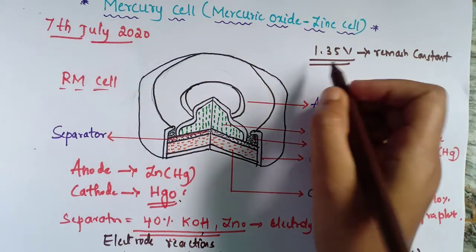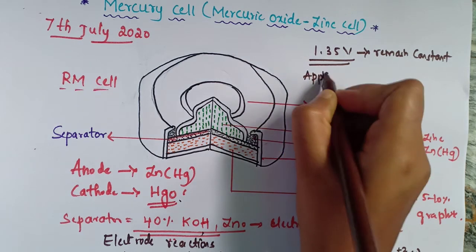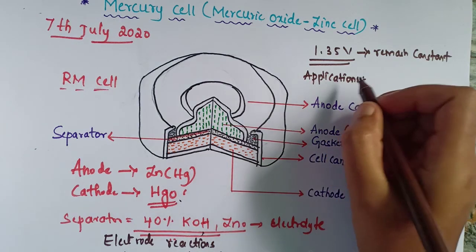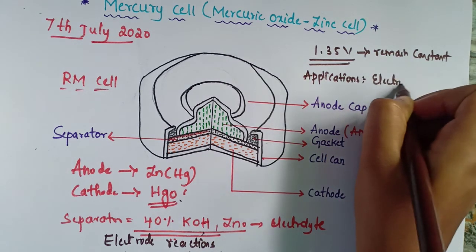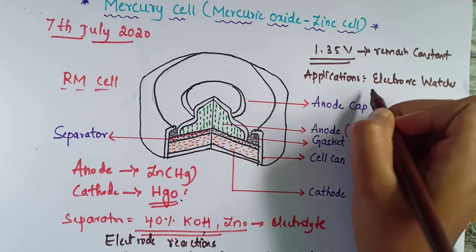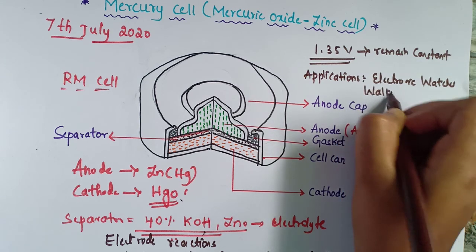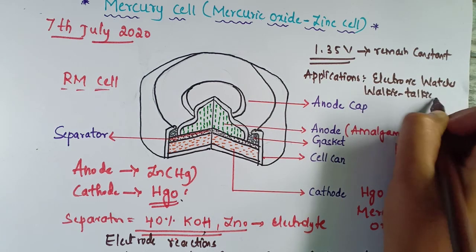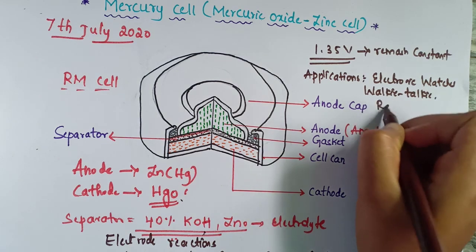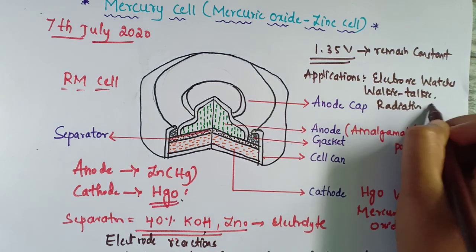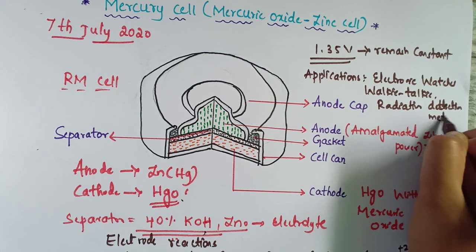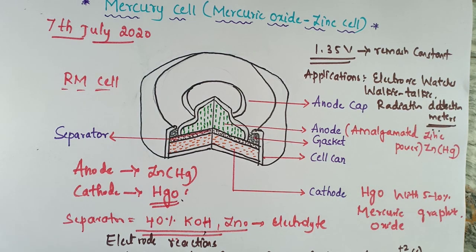Now coming to the applications, we have already seen these types of cells in electronic watches, in walkie-talkies, in radiation detection meters, and in many more applications.